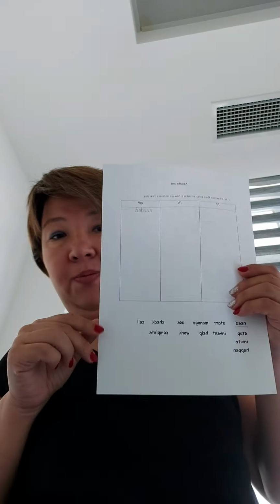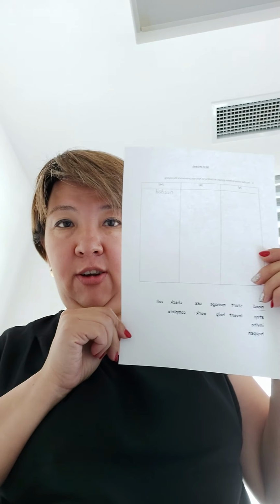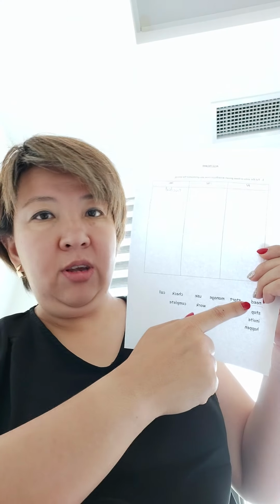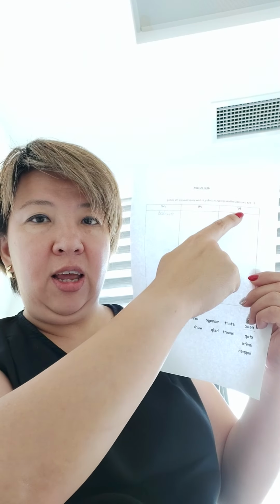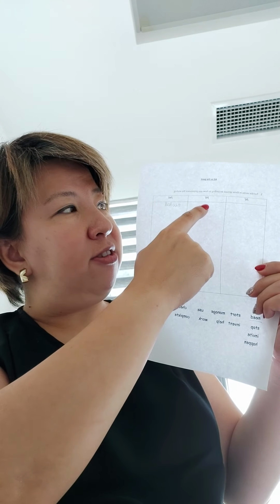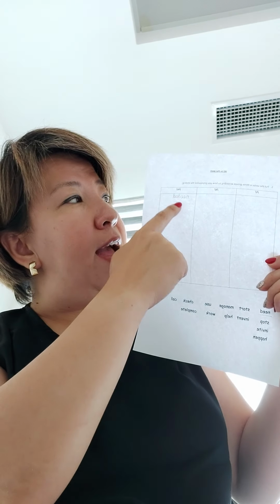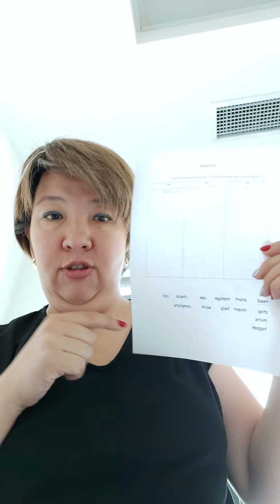But before we listen, the first activity that we need to do is the pronunciation activity. So I've prepared the chart for you with 3 columns, and if you see, there is a sound T in the first column, sound D in the second, and ED in the third.